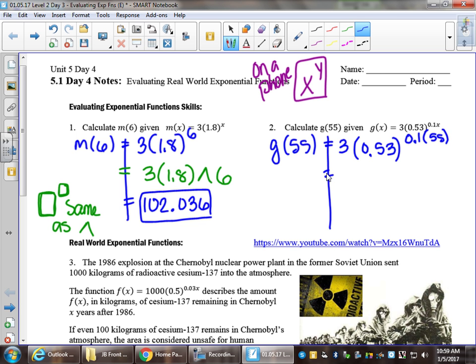We'll see. In green, calculator people, 3, open parenthesis, 0.53, caret. I want to tell the calculator that this has to go together in the exponent position. So what do I need to make sure that I use right here to group this together? Parenthesis, good job. 0.1 times 55, close parenthesis and hit enter.